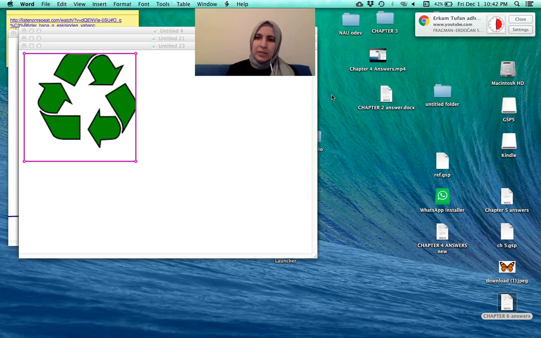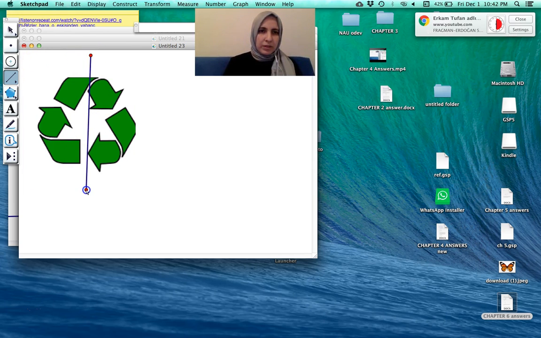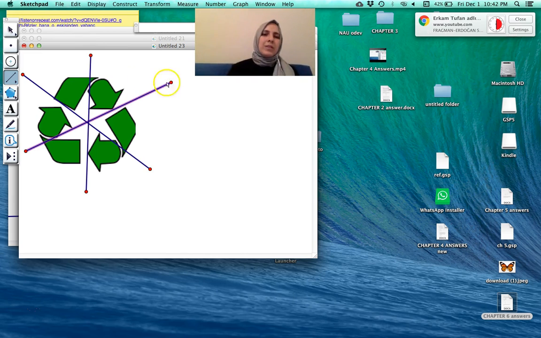I consider the recycling symbol has 3 symmetry lines, one of them can be this one, like almost, I can say this one. The other can be this one, the other one can be this one. These are approximate, I drew them, but there are 3 different symmetry lines. We can consider that it's an equilateral triangle.